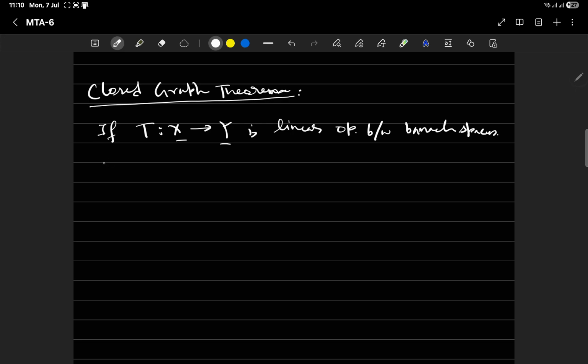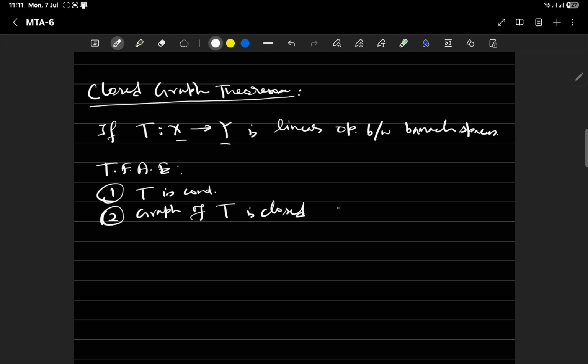Then the following are equivalent. Number 1: T is continuous or bounded, same thing. Number 2: the graph of T is closed in X cross Y with the product topology.